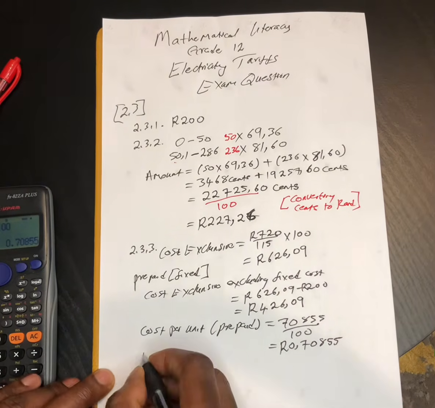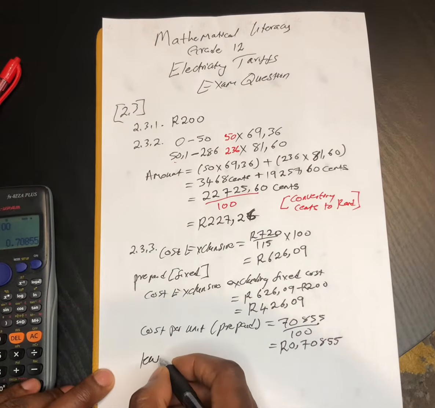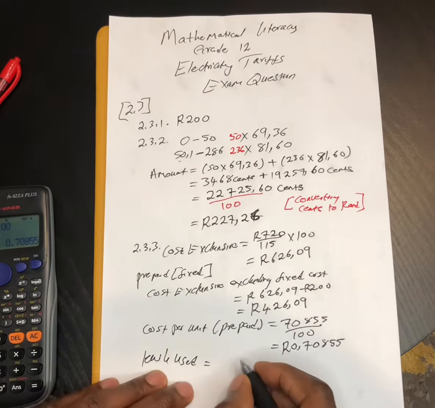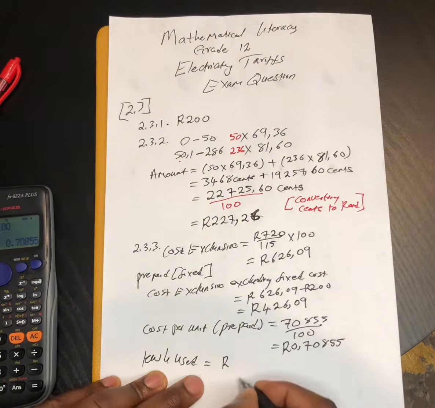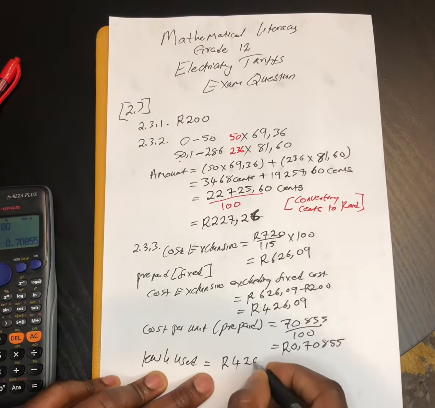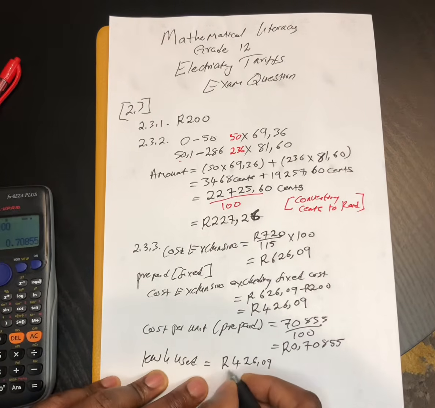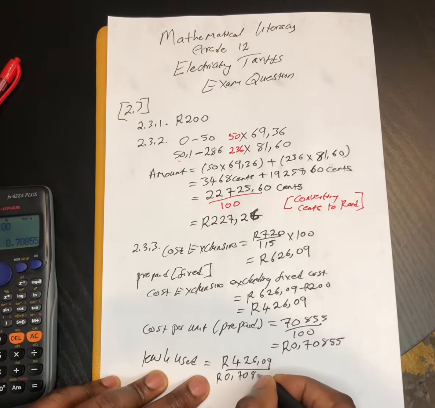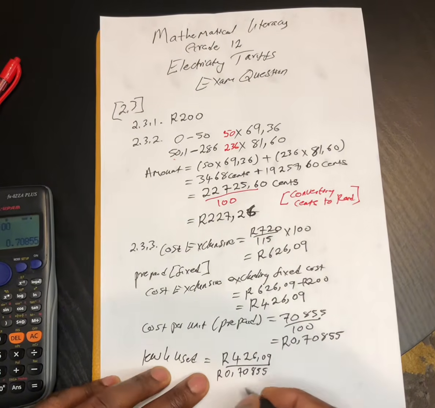We're gonna say kilowatt hours used is equal to, because we now have the same units in terms of the amount, 426,09 divided by 0.70855.